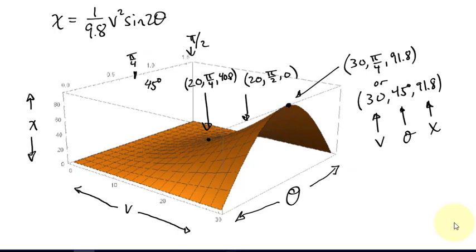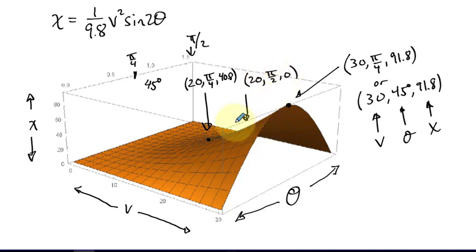Okay, so here I've chosen to highlight a few points on the surface. For example, at 20 meters per second, launch angle pi over 4, we get a horizontal range of 40.8. Another point back here on the back of the surface, initial speed of 20 meters per second, but launch angle pi over 2. When the launch angle is pi over 2, you're at 90 degrees, you're going to get 0 for the horizontal range.